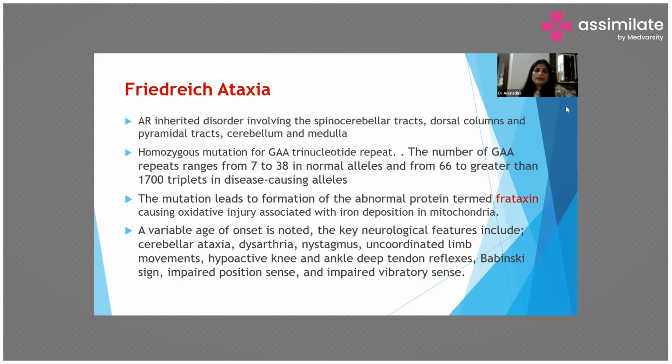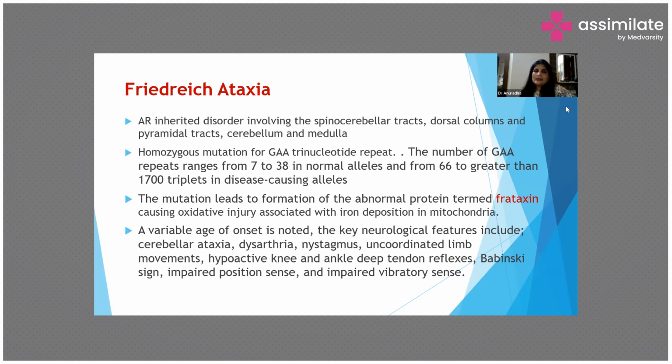Now coming to hereditary ataxia, this is Friedreich ataxia. It is an autosomal recessive inherited disorder involving the spinocerebellar tract. Here the dorsal column tracts, pyramidal tracts, spinocerebellar tracts are involved due to mutation in the GAA trinucleotide repeat. It's autosomal recessive.